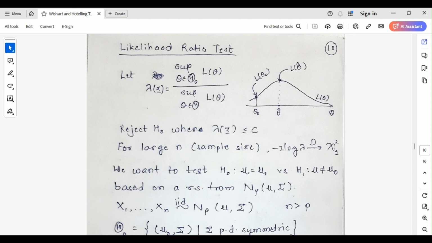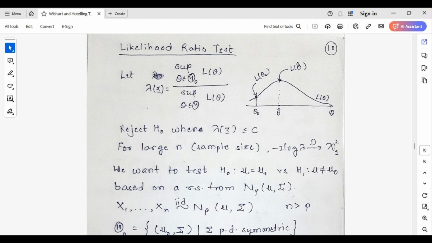Now when we have so many most powerful, uniformly most powerful tests, why do we need this test based on the likelihoods? One reason is that it is not at all easy to identify a uniformly most powerful test in several scenarios.